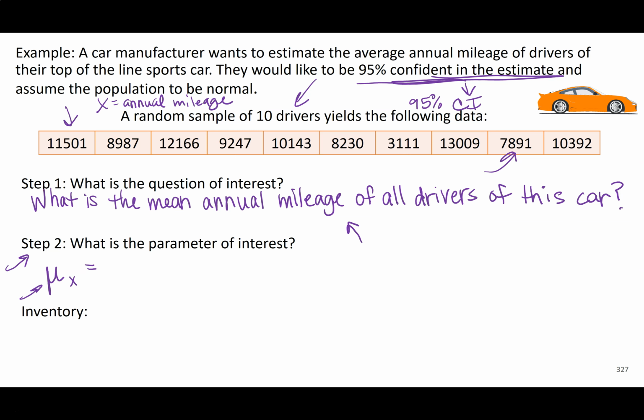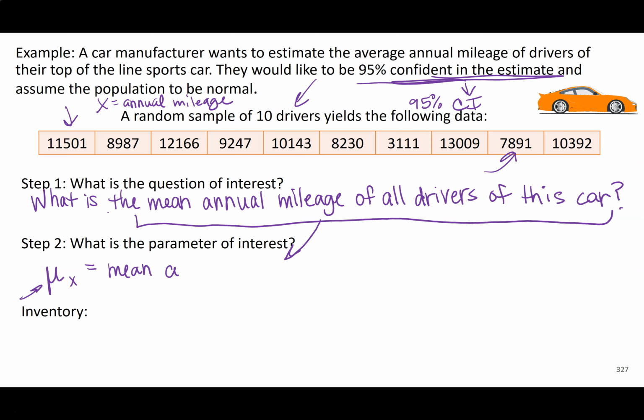So remember, this is my notation, mu x. What's great is I can pretty much just say, hey, look, mean annual mileage of drivers of this car. That's what goes here. So mean annual mileage of all drivers of this car.